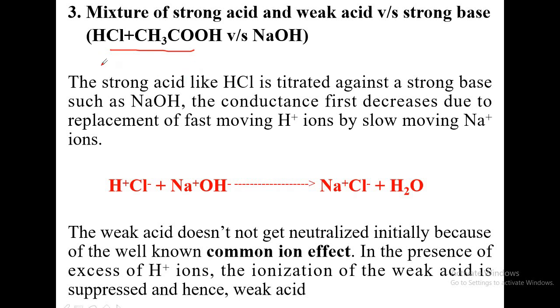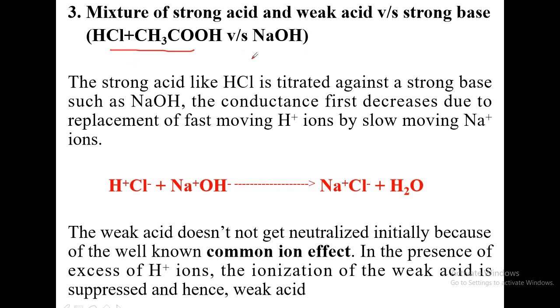The strong acid first reacts with the NaOH, and in the strong acid we have a large number of H plus ions in the solution. H plus ions are small in size and their number is larger, and therefore they contribute more to conductance, and hence initial conductance is very high in the beginning.